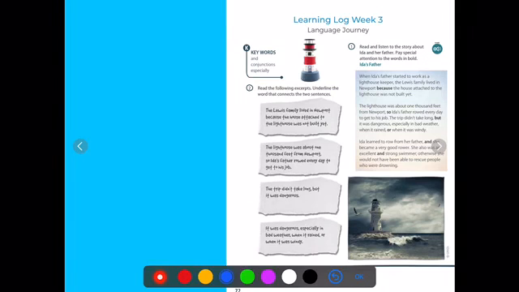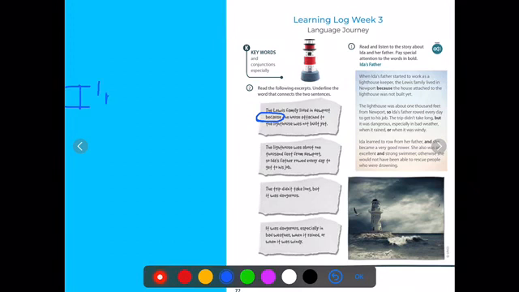All right, so the first one says the Lewis family lived in Newport because the house attached to the lighthouse was not built yet. So I'm using because to give a reason, okay? The Lewis family lived in Newport. The reason of that is because the house was not ready yet, okay? It was not built yet. So I can use this one.